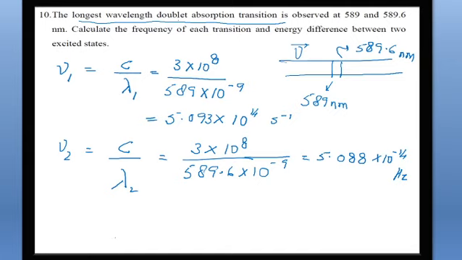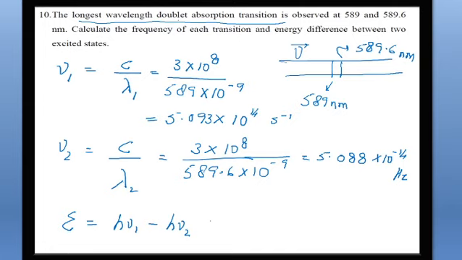And now you need to find the energy. The difference in energy for this transition is going to be h nu 1 minus h nu 2.